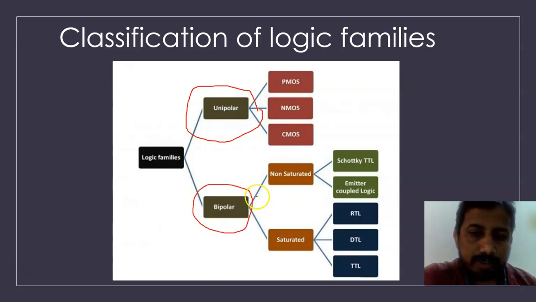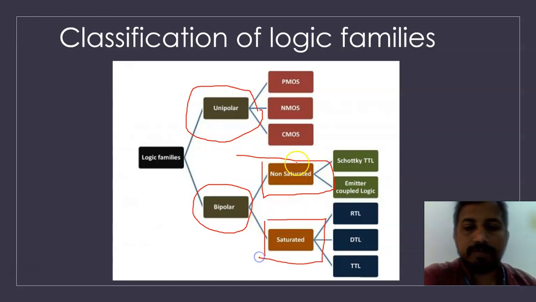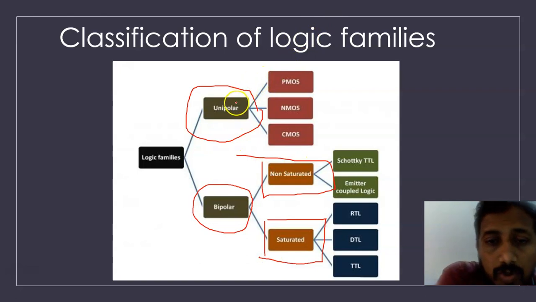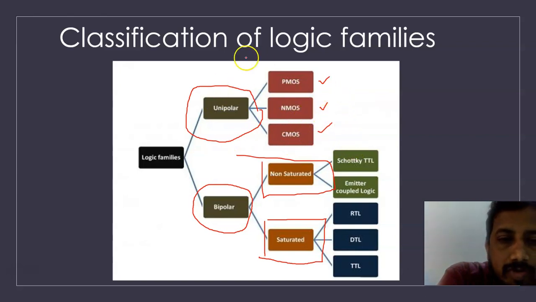Again, bipolar devices have a sub-classification into unsaturated and saturated technologies. In unipolar, the different devices are technologies like PMOS, P-type MOSFETs, N-type MOSFETs, and complementary MOSFETs. These are the three circuit configurations.